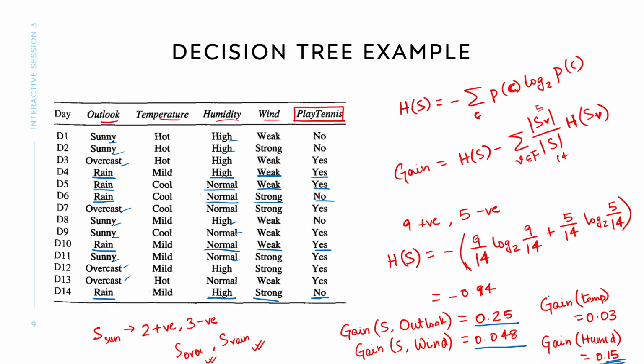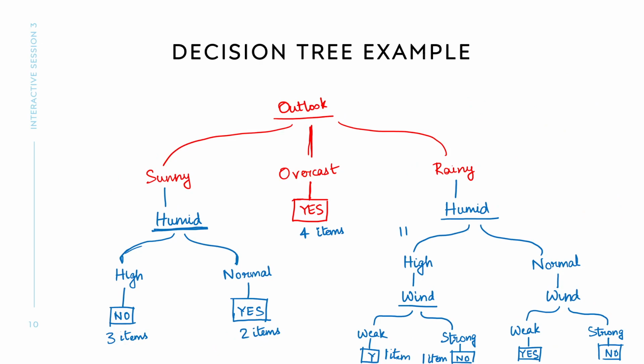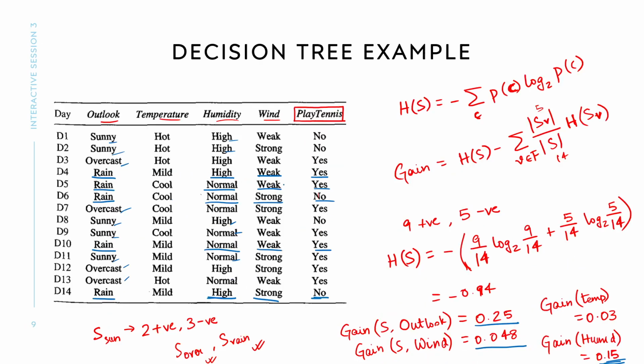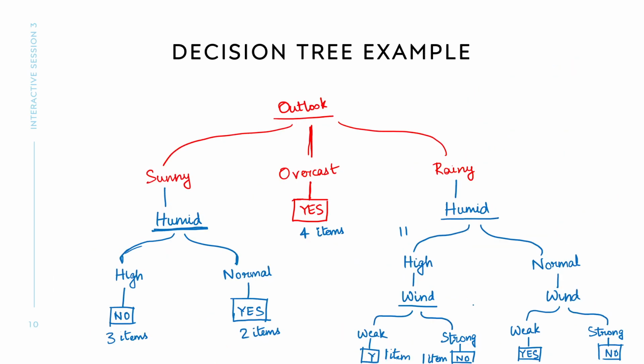Then rain, normal and weak. So this, how many does it have? Rain normal and weak has two, right? So these two items.